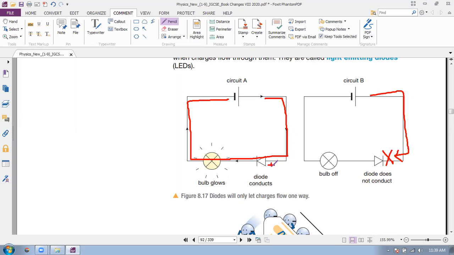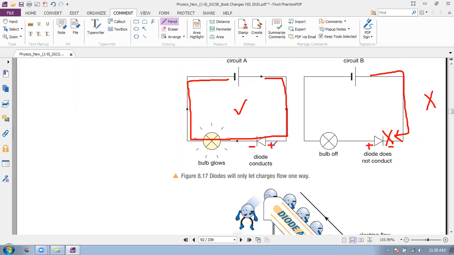This is the positive terminal of the diode and this is the negative terminal of the diode. So a diode permits current to flow only from the positive terminal to the negative terminal, not like this. This is good. So remember this symbol and remember how to connect a diode in a circuit.